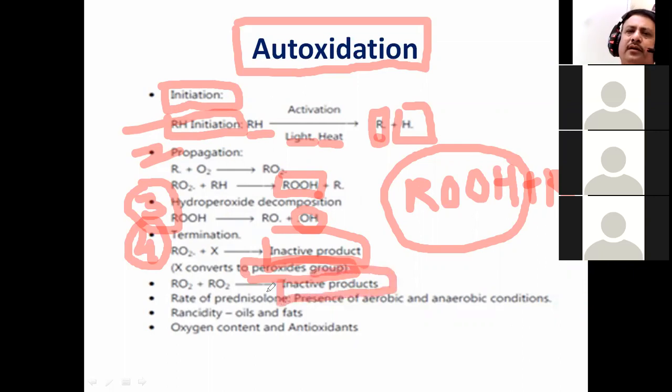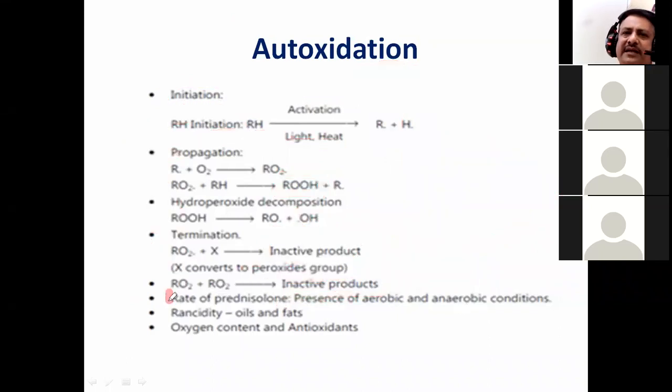We can understand this more easily with an example, that is prednisolone, which is a steroidal drug. If this prednisolone drug is stored in the presence of aerobic and anaerobic conditions, it can lead to auto oxidation.